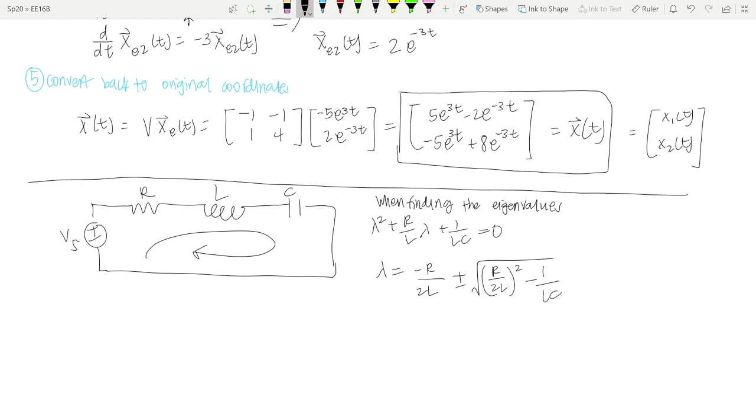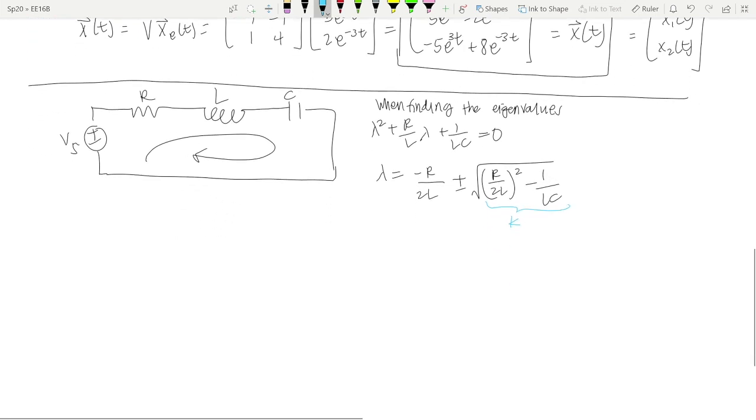And for simplicity, I'm just going to call everything that's in the square root k, so I don't have to repeatedly write it again. So, based on this equation, there are 3 different things that can happen in terms of eigenvalue cases.